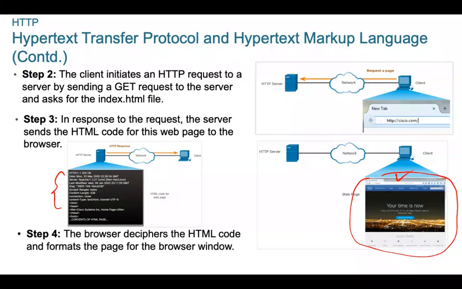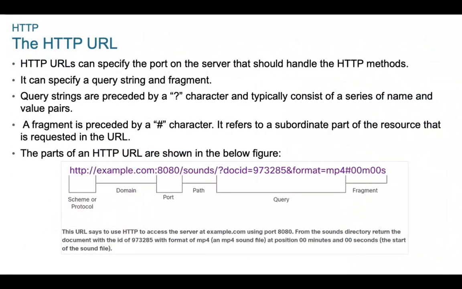So in this, if you talk about HTTP and the URL, the HTTP URL can also specify the port on the server that should handle the HTTP methods. We'll see how it will handle the HTTP methods.